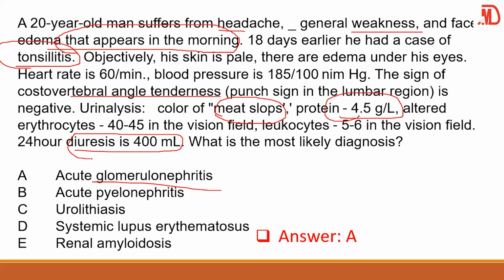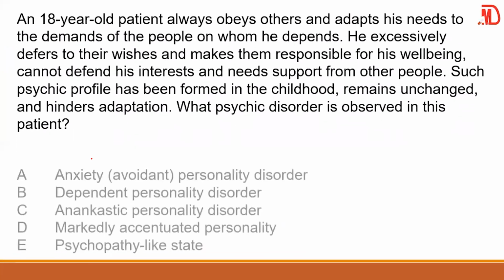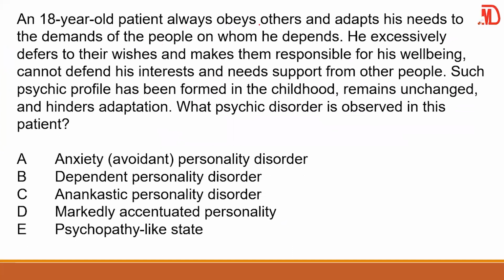So let's continue. You know this. Now, an 18-year-old patient always obeys others, always adapts his needs to the demands of people on whom he depends. He excessively defers to their wishes and makes them responsible for his well-being.